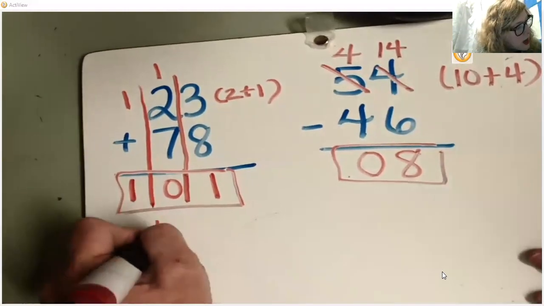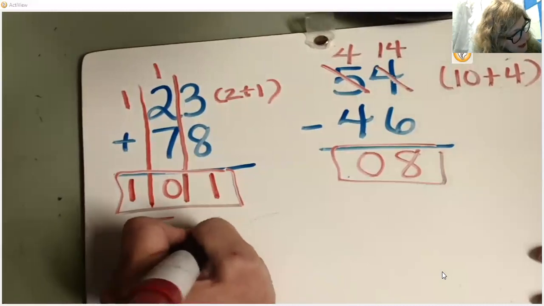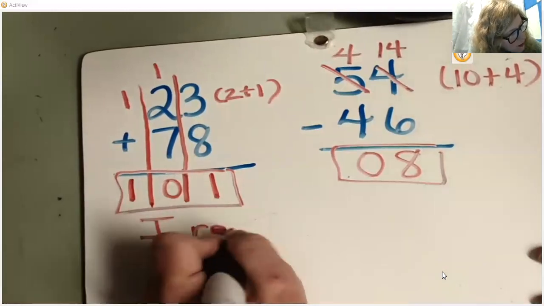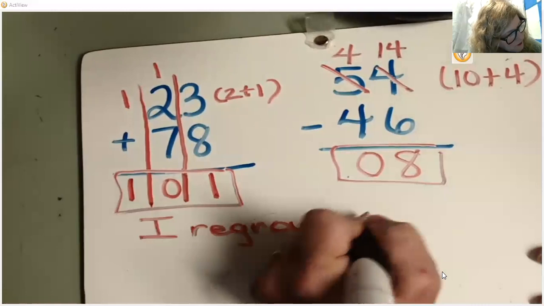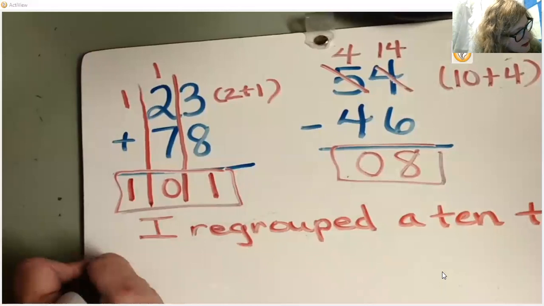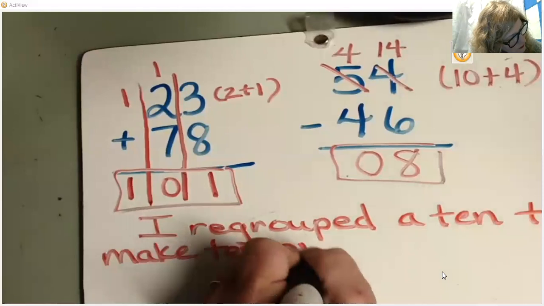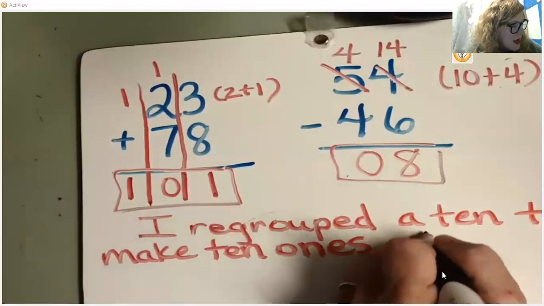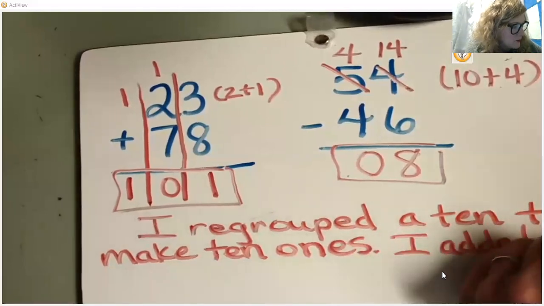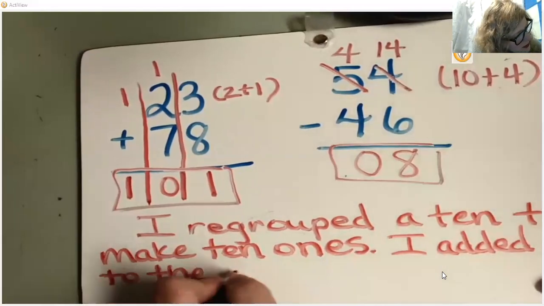Let's say, I regrouped, excuse me, I shouldn't say made a 10 because we're not adding. I regrouped a 10 to make 10 ones. I added them to the 4 ones.